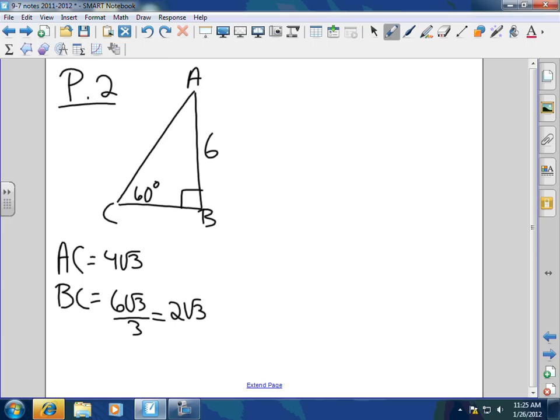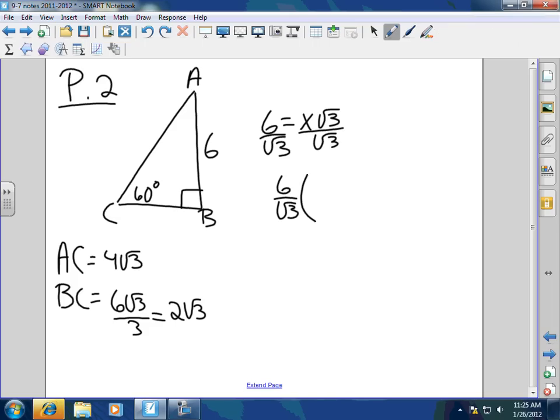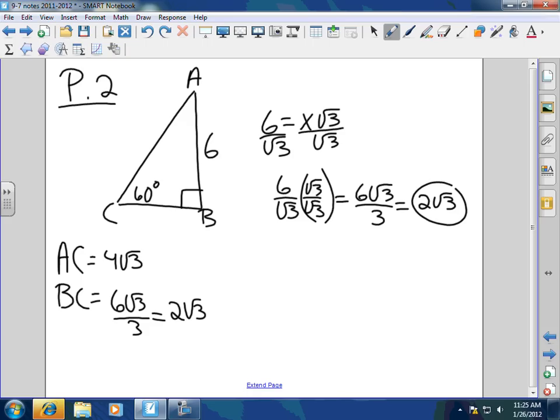Now, if you did not want to memorize it, you just have a brain freeze when it comes to that, fine. Doesn't 6 equal x radical 3? Because that's the side opposite the 60. Go ahead and solve for x. Rationalize. You're going to get the same thing, but just a lot longer of a journey. So it would behoove you to memorize those 2 special considerations.